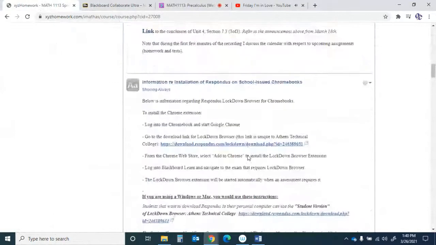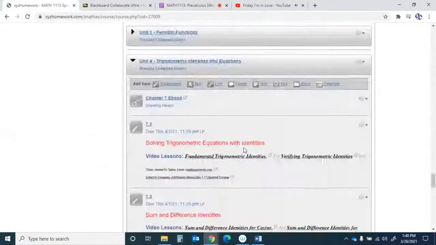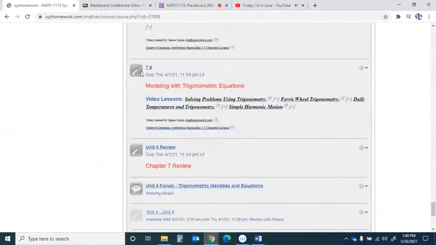Let's see, what's it called? Scroll. Modeling with trigonometric equations. And they got some nice video lessons. Some of these will be useful for showing the problems. Probably do a better job explaining it than I might be able to, or at the least different, get a different perspective.